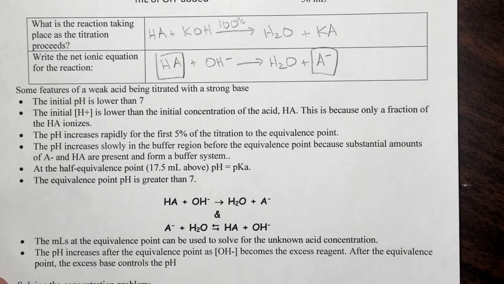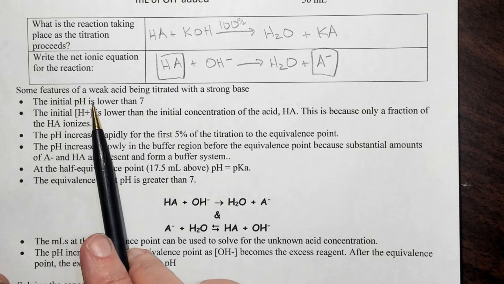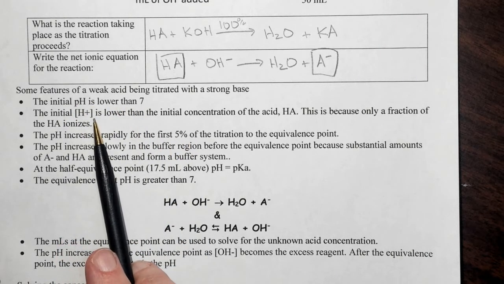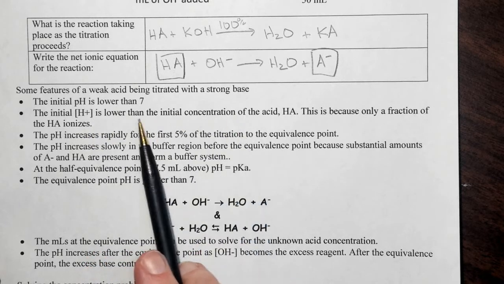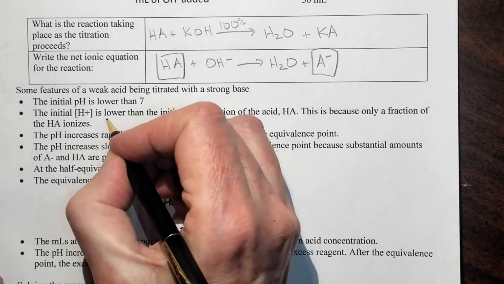So let's look at some of the features which I've already done for you up in the picture. The initial pH is going to be lower than 7. The initial hydrogen ion concentration is lower than the initial concentration of HA because only a fraction of the HA ionizes.